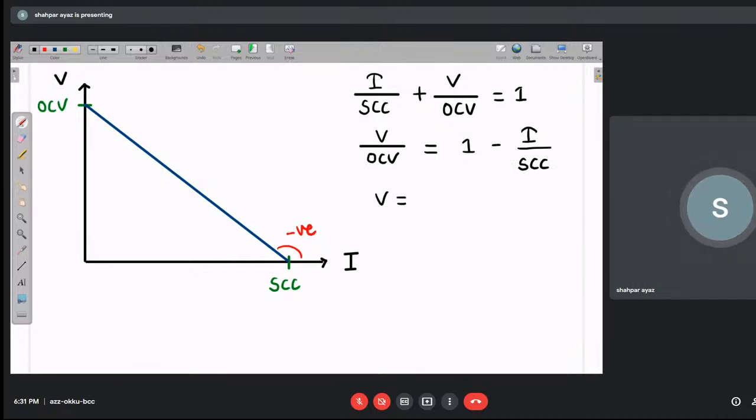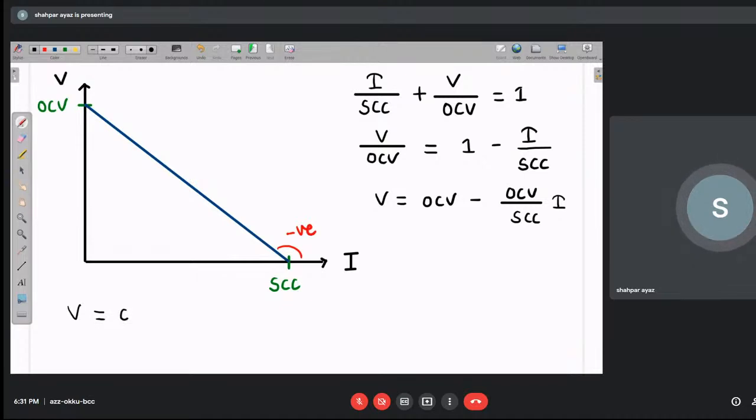Means V is equal to OCV minus OCV by SCC into I. So this is the very famous formula, guys. Remember that whenever you need to solve the numericals.